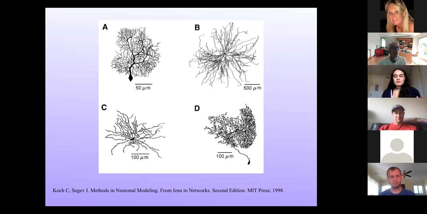So we have this diversity in structural form, but there's also a great diversity in the function of these different types of cells. And one of the important goals of cell type classification in neuroscience is to develop this kind of correspondence between structure and function. And so the way that we've approached this is to use biological scaling theory.